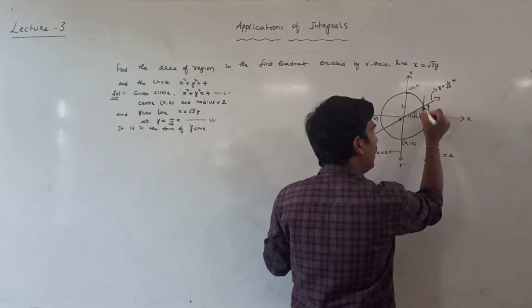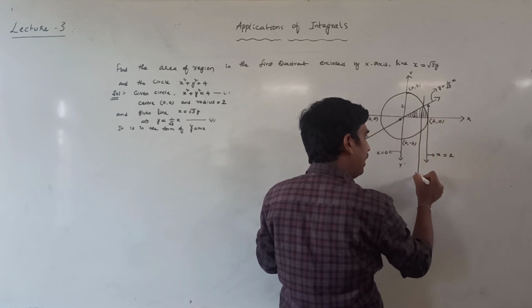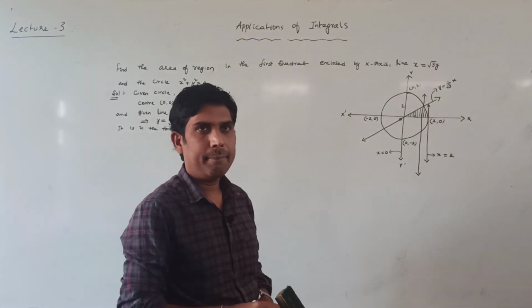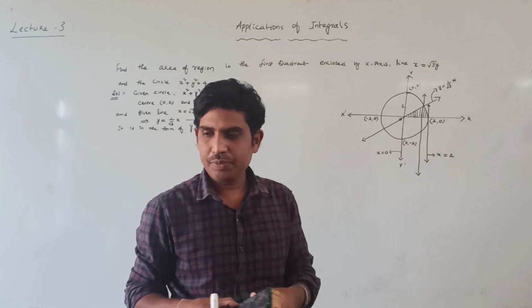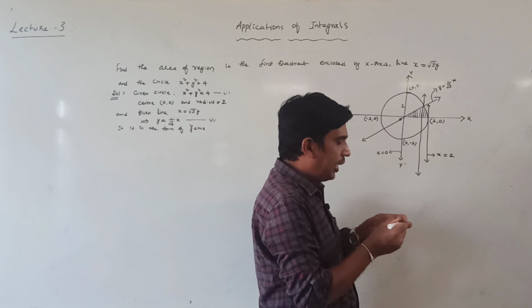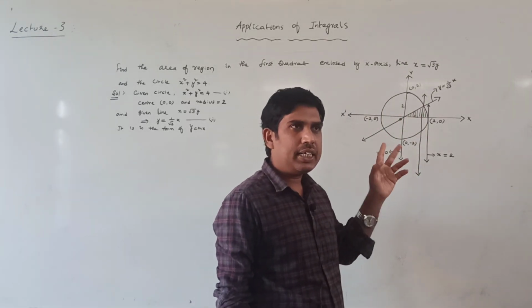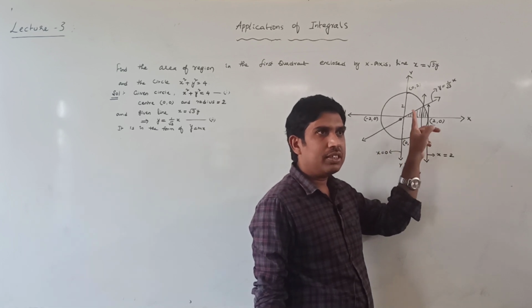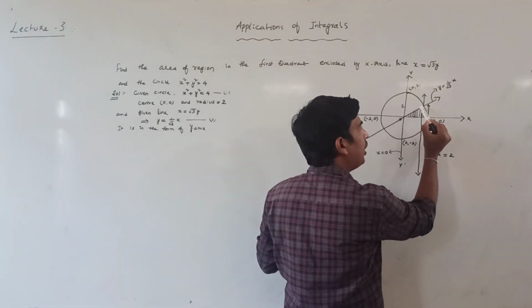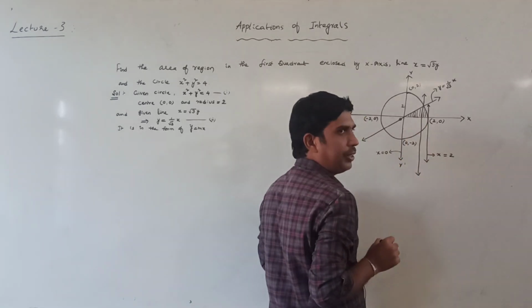Once again, so that you don't get confused, here this shaded region we have to find out. The shaded region is bounded with the circle, bounded with the line, enclosed with the x-axis in the first quadrant.